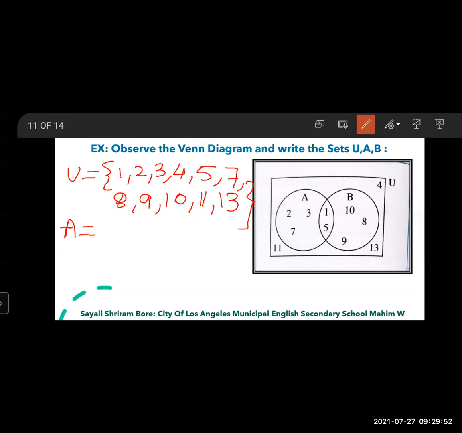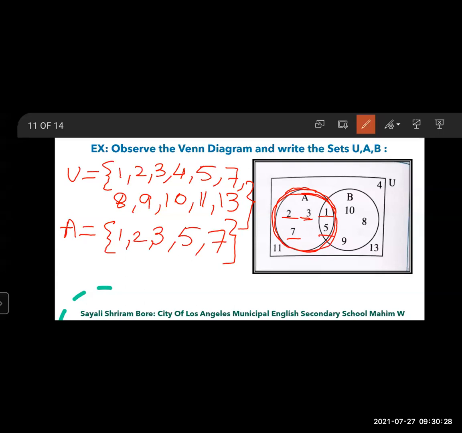Now here there are chances of making a mistake. So see here, this particular set A. In set A: 1, 2, 3, 5 and 7. Yes. 1 is there, 2 is there, 3 is there, 5 is there and 7. This is the whole set A.